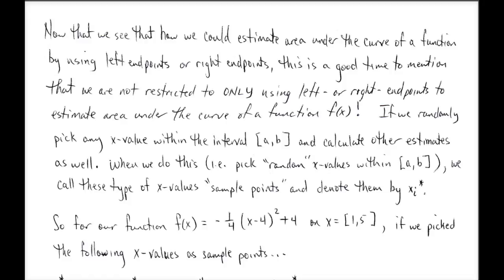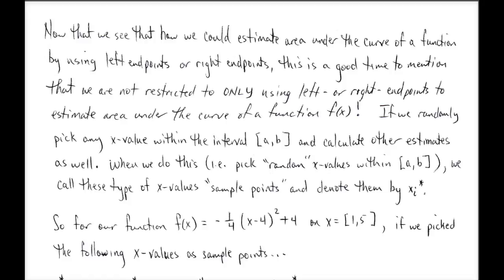So now that we see that we can estimate area under the curve of a function by using left endpoints or right endpoints, this is a good time to mention that we are not restricted to only using left or right endpoints to estimate area under the curve of a function f of x.